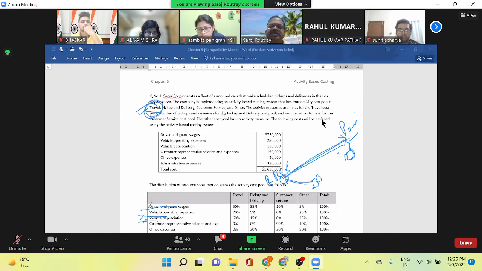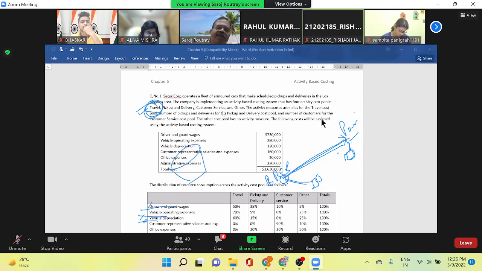So travel is a cost pool where you have different costs. Like as I was saying earlier, if I make a bucket of machining, all machine related expenses will come, whether it is depreciation, whether it is maintenance, whether it is power consumption.